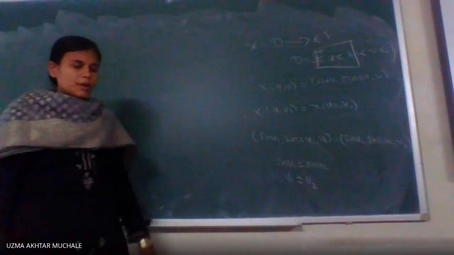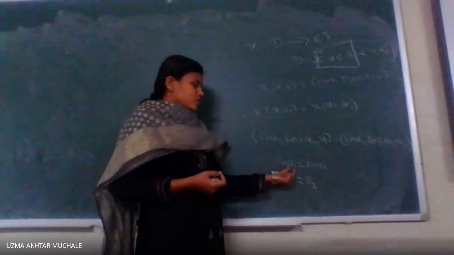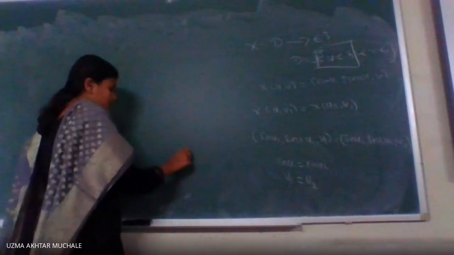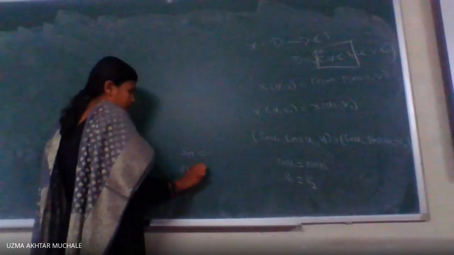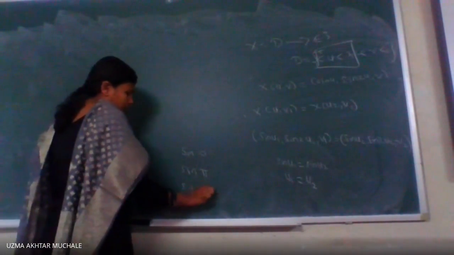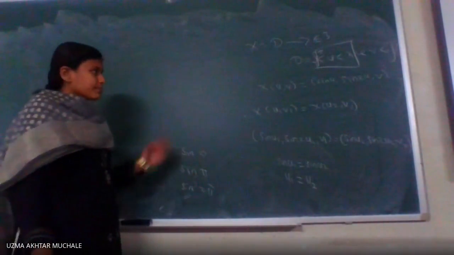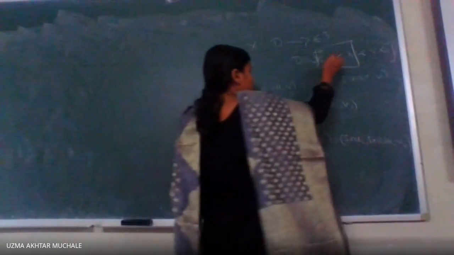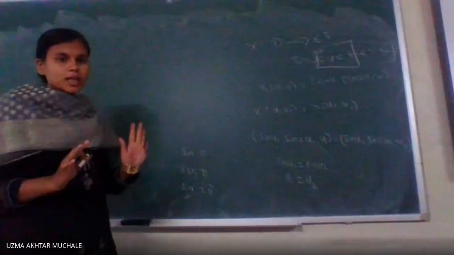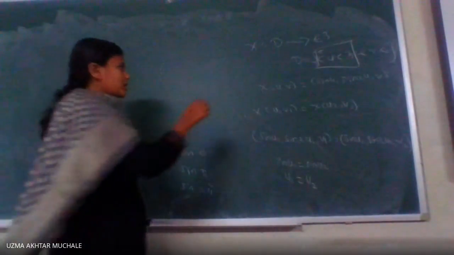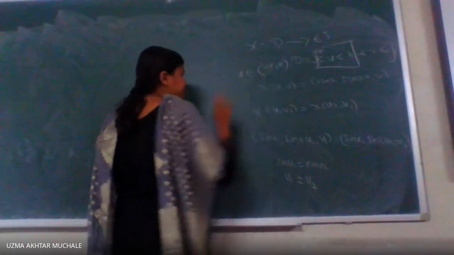Someone may say that sin 0, sin pi, sin 2 pi are all 0. But what is the domain given to us? u lies between minus pi to pi. Even minus pi and pi are not included. This is simply an open interval, that is u belongs to the open interval minus pi to pi.